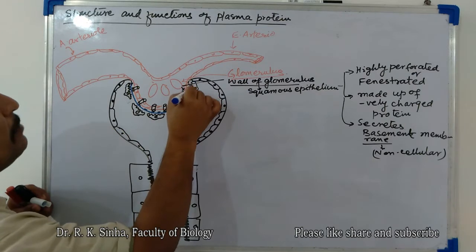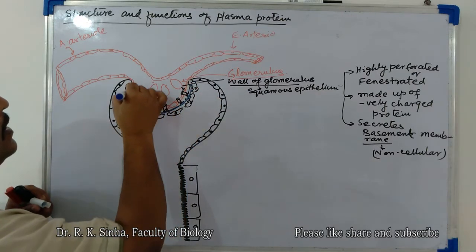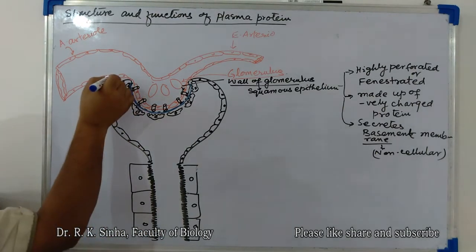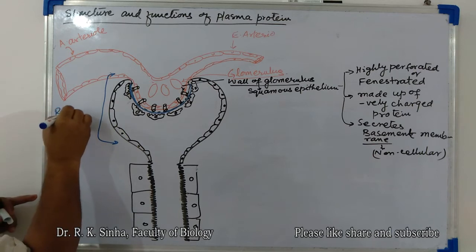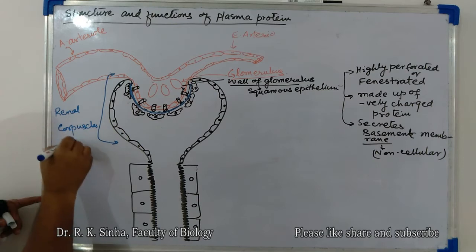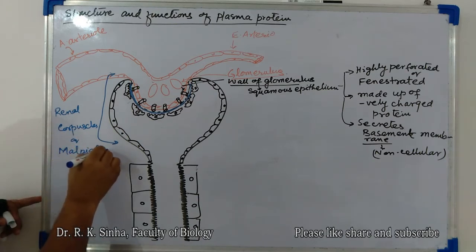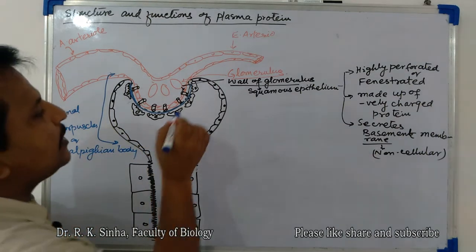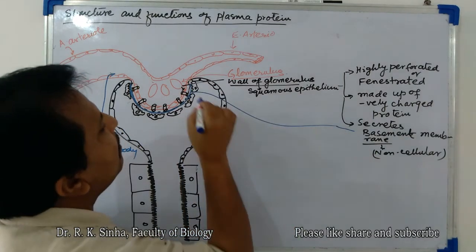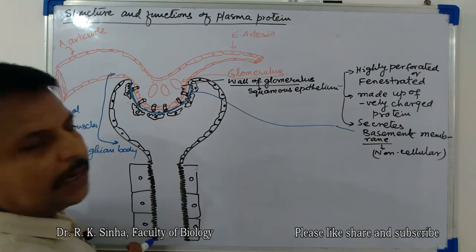As we know, this entire structure is the renal corpuscle or Malpighian body. So this is the basement membrane, this region is the basement membrane.